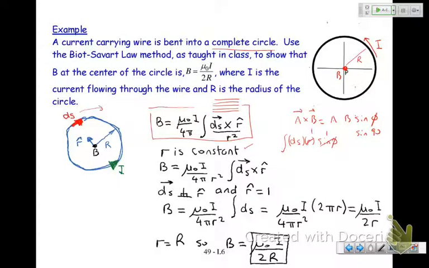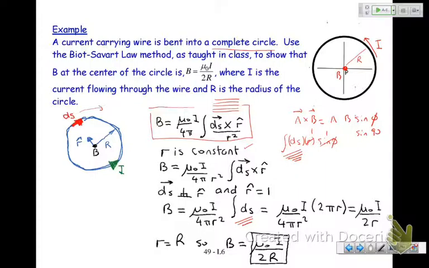So this is my integral of ds, isn't it? That's my integral of ds. Oh, that means that all I have to do is integrate the length, all the little ds's around my wire, which is the circumference, yeah, for a complete circle.